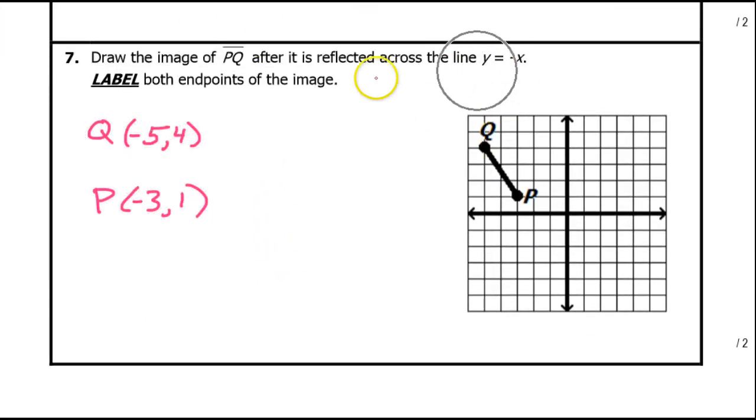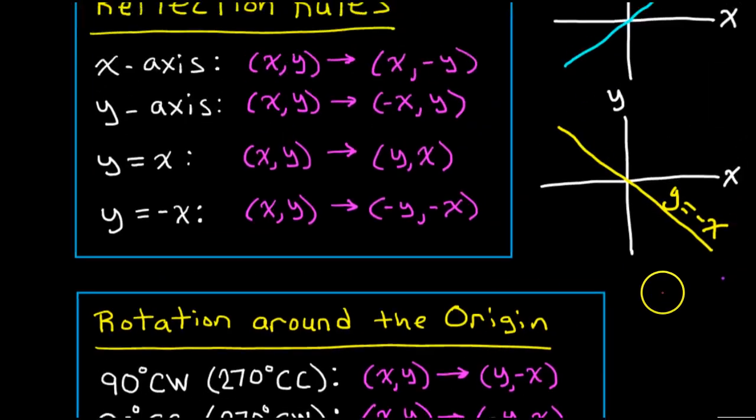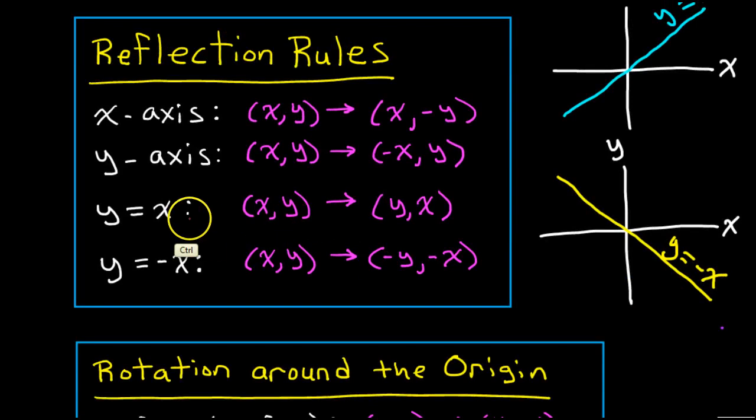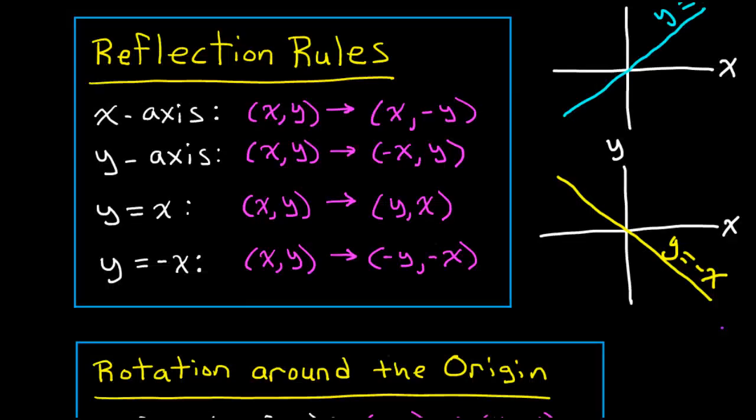All right, but the rule is going to be that (x, y) becomes (opposite of y, opposite of x). And again, that's the importance of memorizing these rules. All right, reflecting over the line y equals -x, we've memorized that it will be opposite of y, opposite of x.